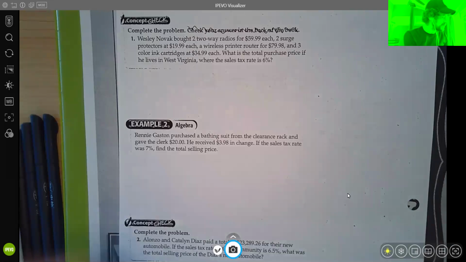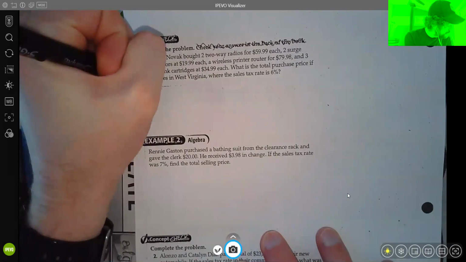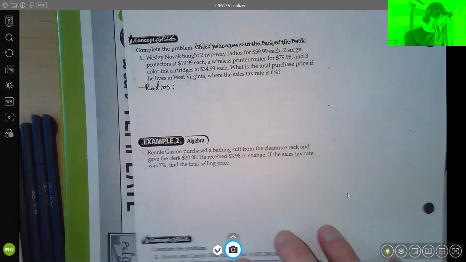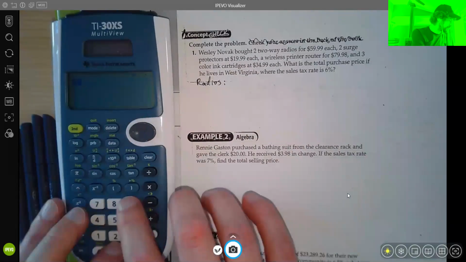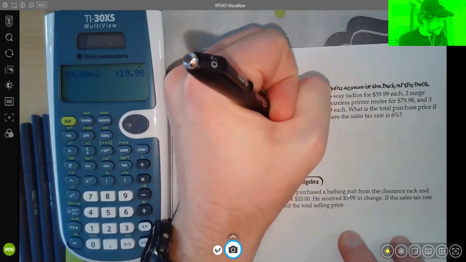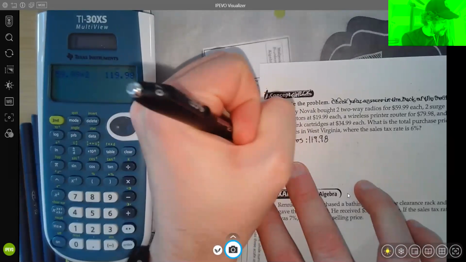All right, so let's see, radios. There were 2 of them, so $59.99 times 2. $119.98 for the radios. We're looking at surge protectors.